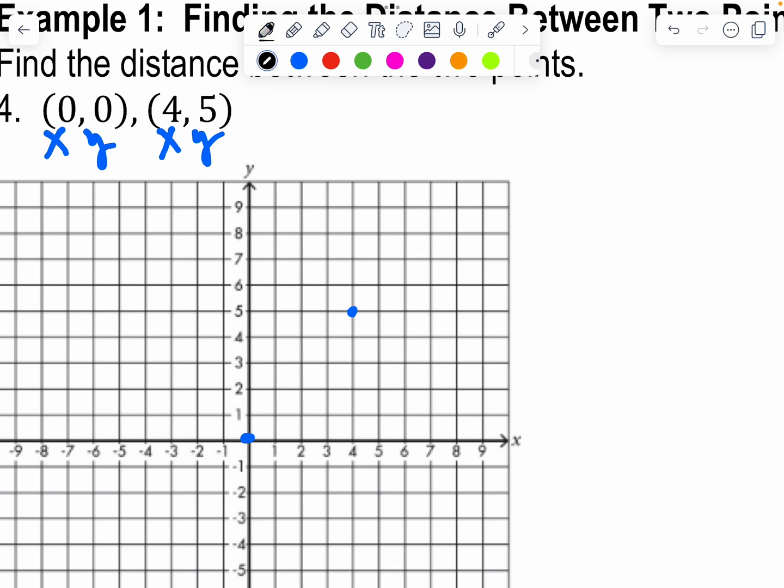Now get your straight edge out and connect those points. You just now created the diagonal. We can't just count 1, 2, 3, 4, 5, that many boxes, because it's not covering the whole box.